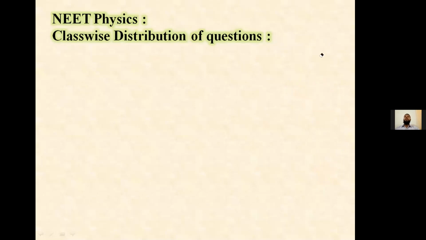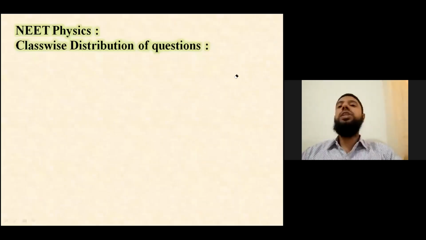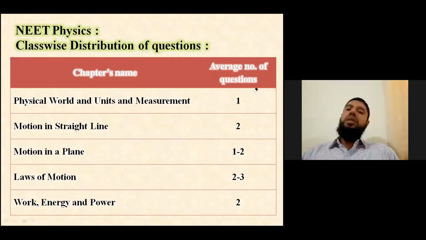Now if I start defining the class wise distribution of questions, in physical world, units and measurements, we'll have one question. On motion in a straight line, 1 or 2 questions.